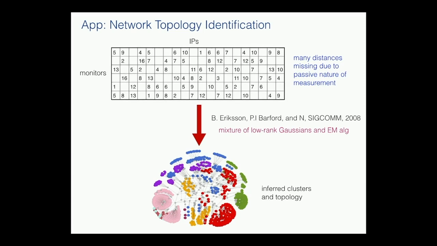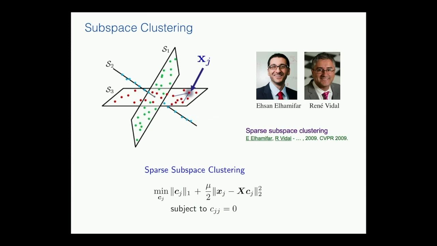EM is a natural way of trying to deal with missing data. It works to a degree, but it was basically a heuristic, and there was really no theoretical support for it. And ever since I worked on that, I've been having this problem in the back of my mind. I'll tell you now a little bit about some better understanding we have of this type of problem.